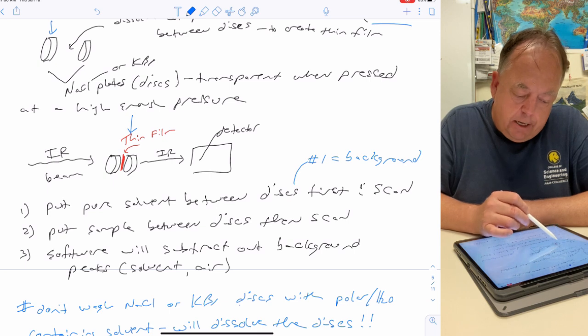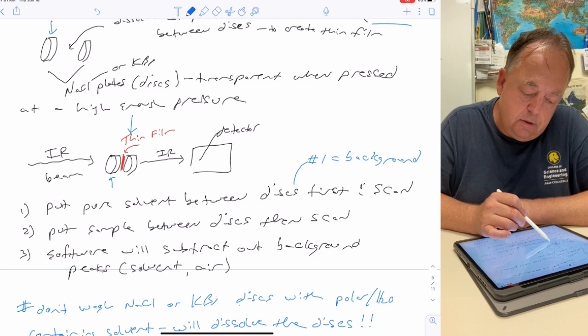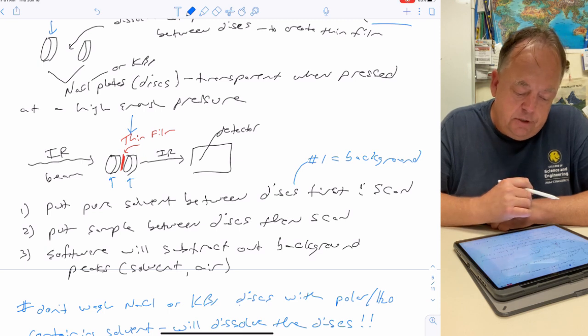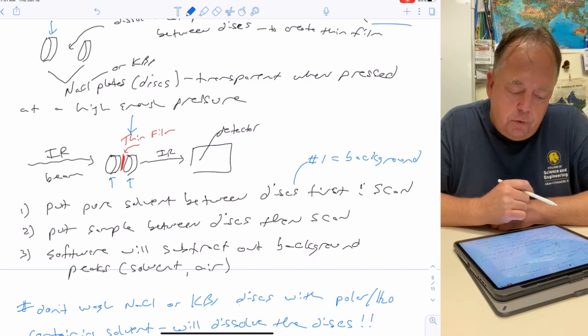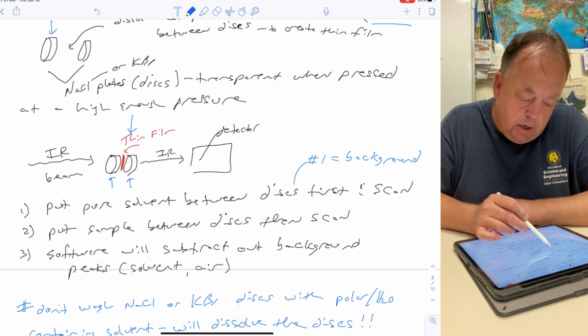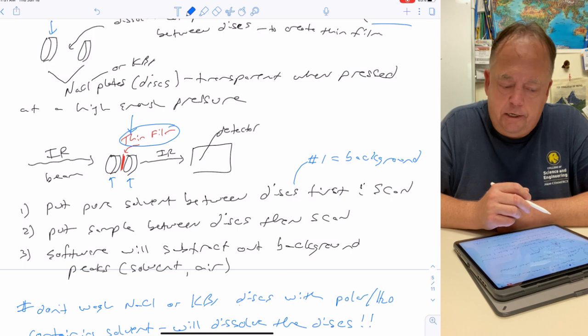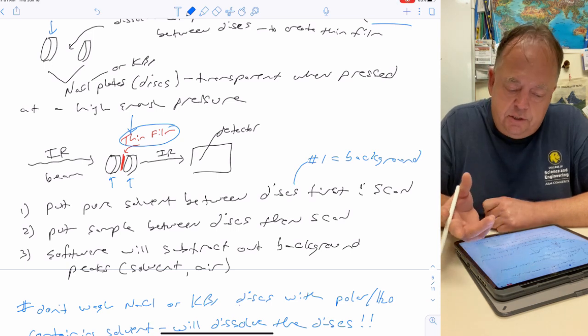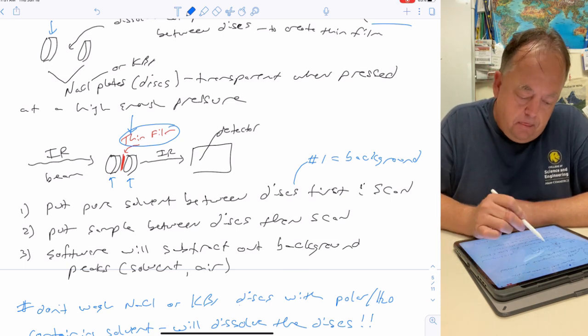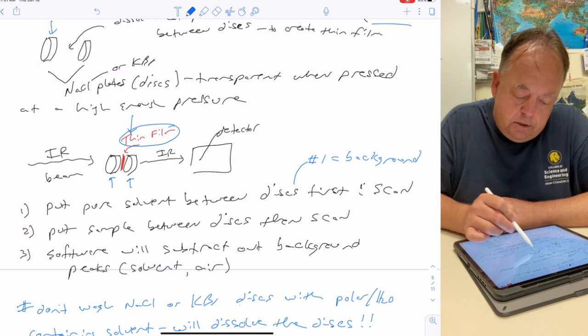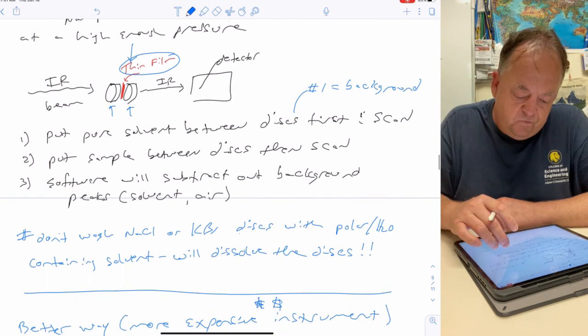And then you shoot an IR beam through the salt plates. These are transparent, so they don't absorb the IR radiation, but your molecule in the thin film will absorb some of the IR radiation. So will the solvent that you use to dissolve it in. And then, of course, the IR beam comes out and hits the detector.